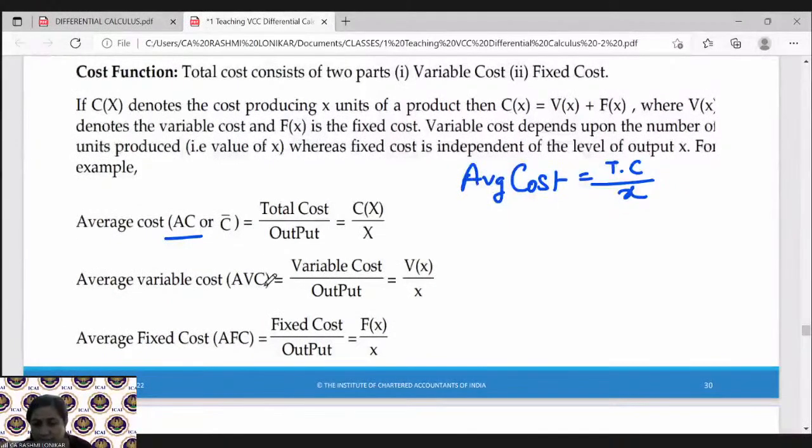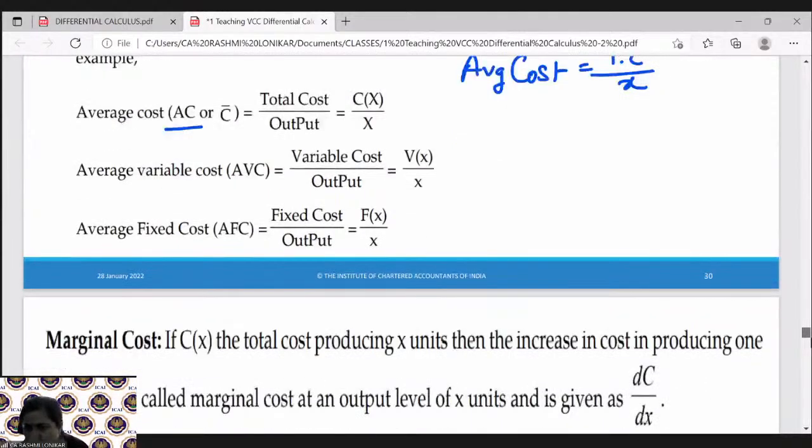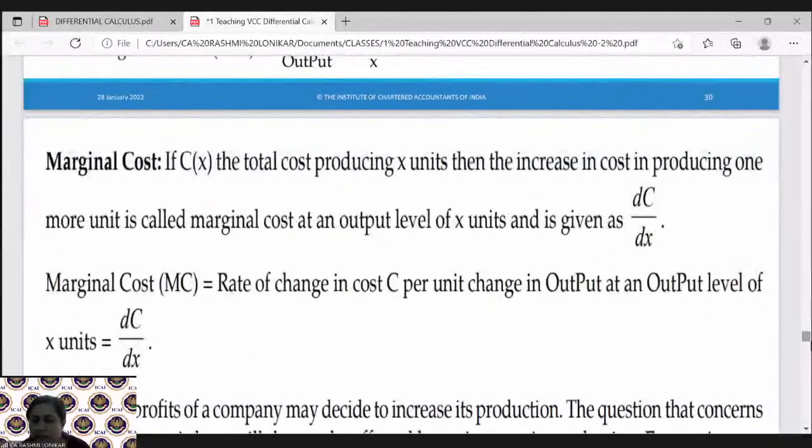Average variable cost will be the variable cost divided by X. Average fixed cost will be fixed cost divided by X. And as I said, marginal cost will be dC by dx, where C is the cost function that is given. So for that cost function, you find the derivative, and that will give you your marginal cost.